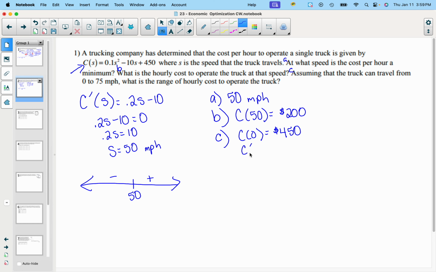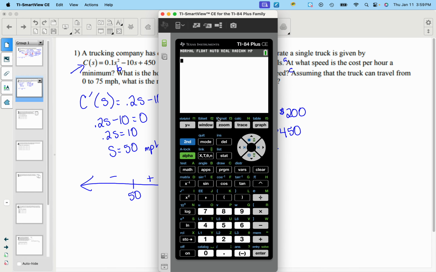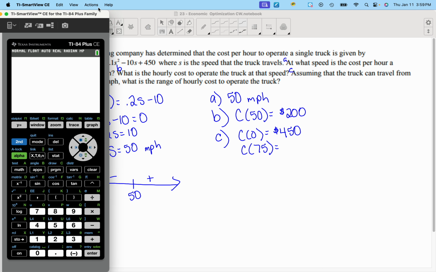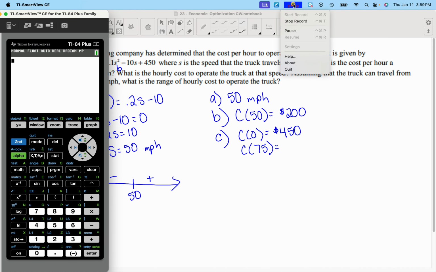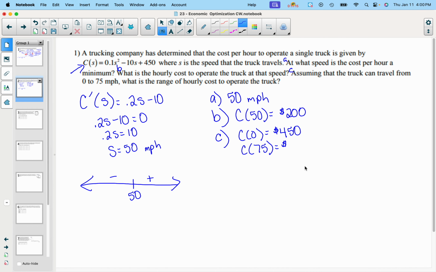And if we plug in a 75, we get, ooh, my calculator disappeared, 262.50.